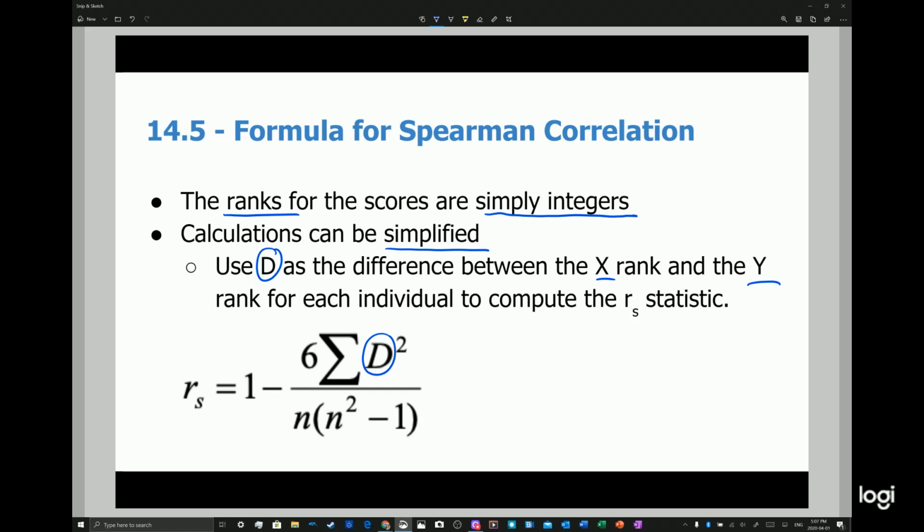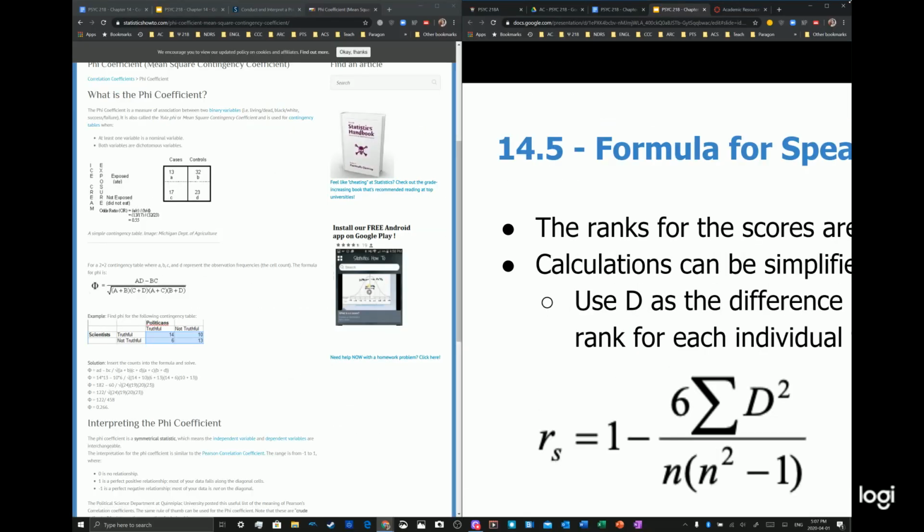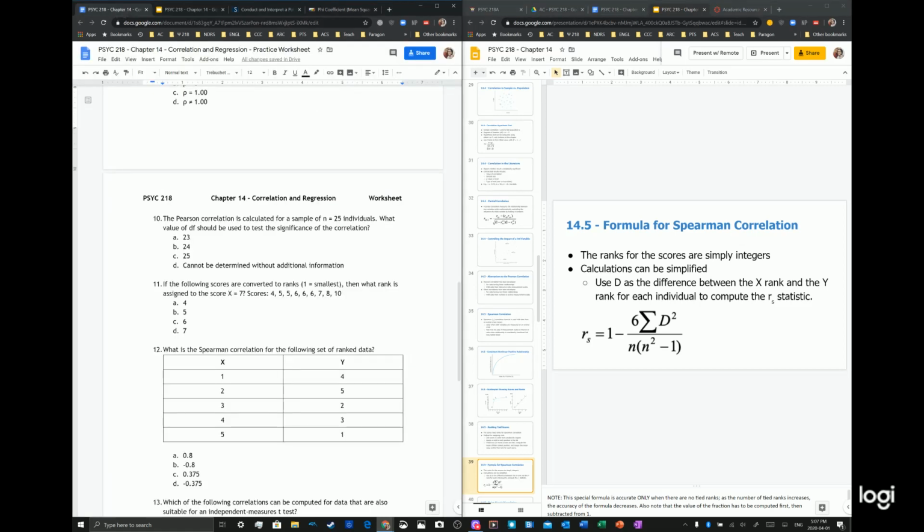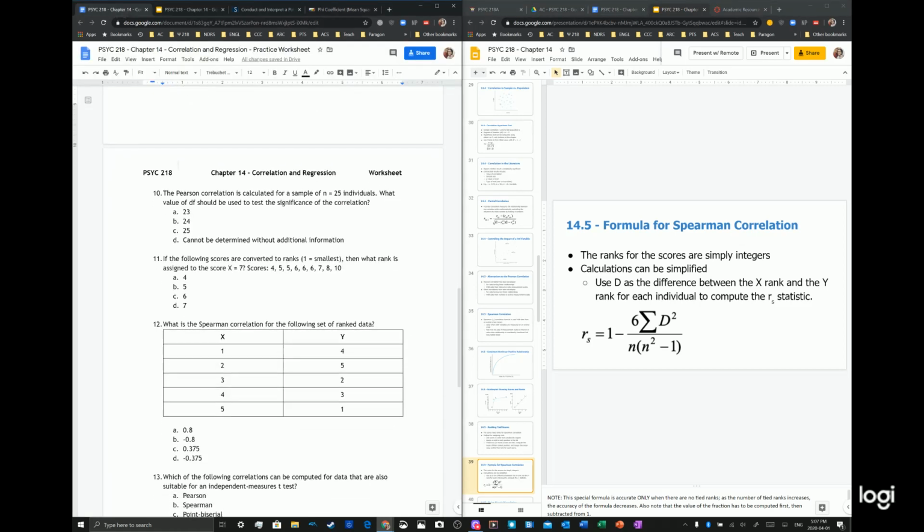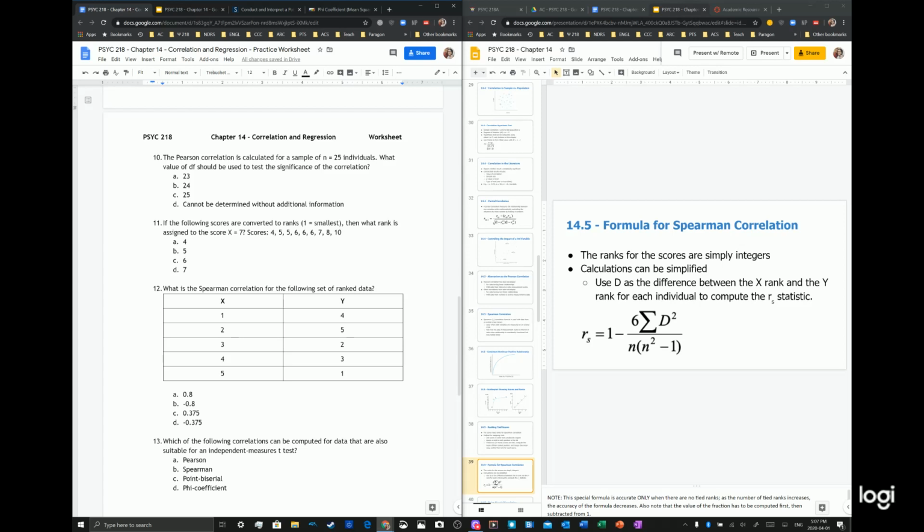So I'll show you that in a minute. And then once you've done that, then you can calculate your R Spearman or RS statistic using this formula. So what we're going to do is, I'll get a worksheet here. So I'm going to do this side by side with the formula on the right and the worksheet on the left.